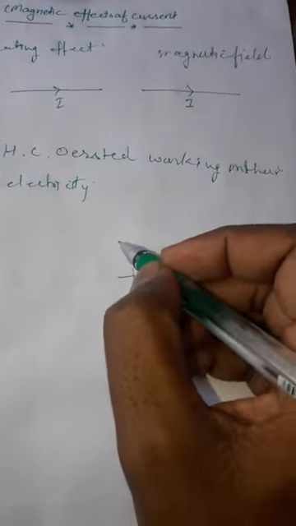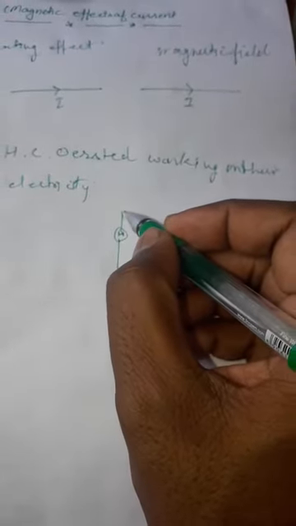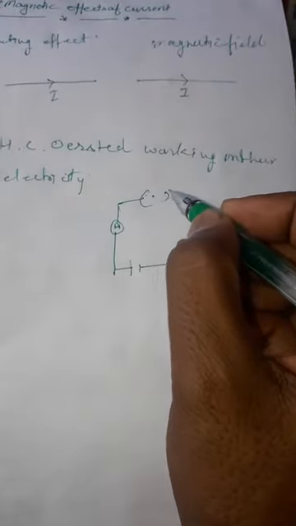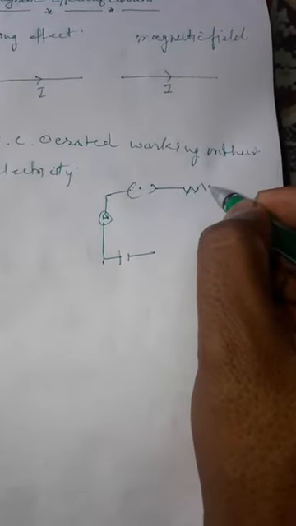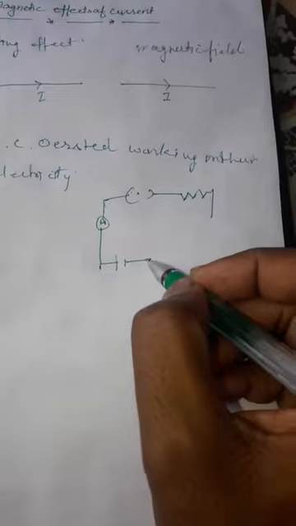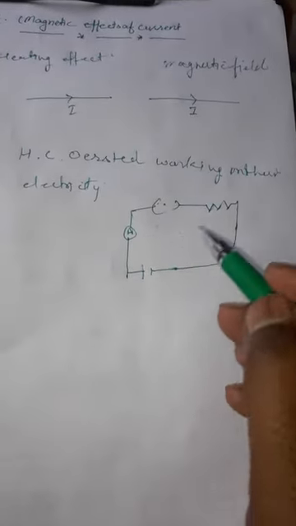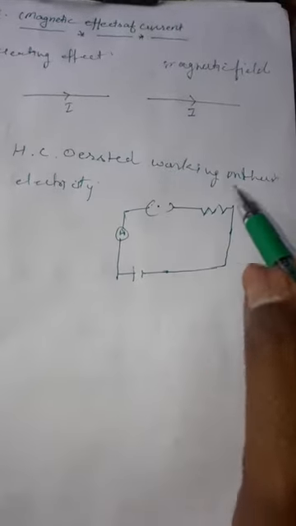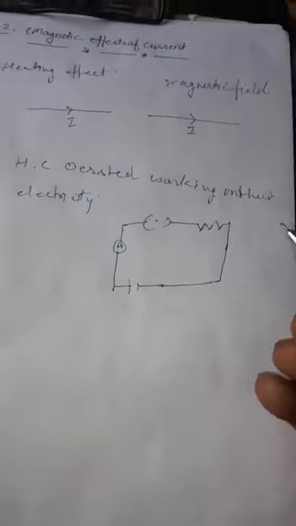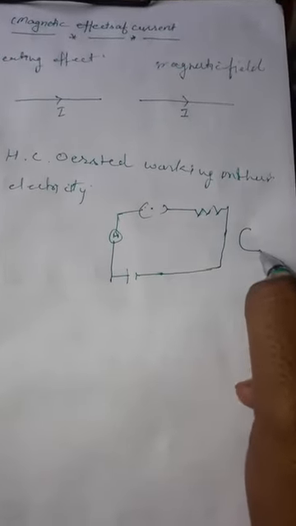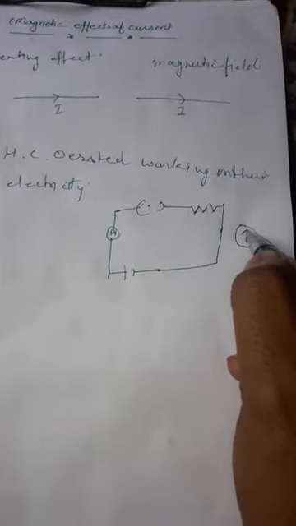A battery is connected with an ammeter, then a switch, which is open or closed, then a resistance, and then back to the battery. Suppose Oersted works on such a device on the table, and accidentally a magnetic compass is placed near the circuit.